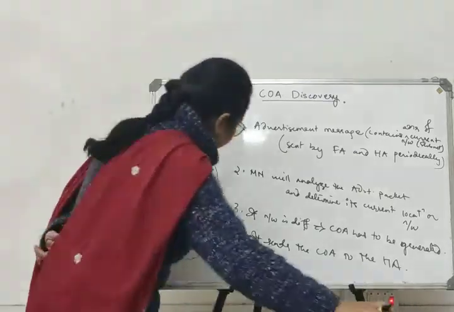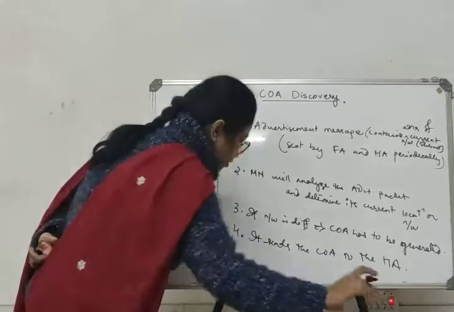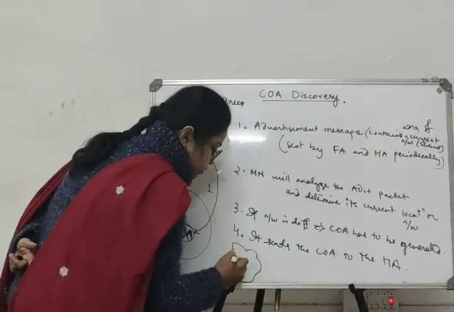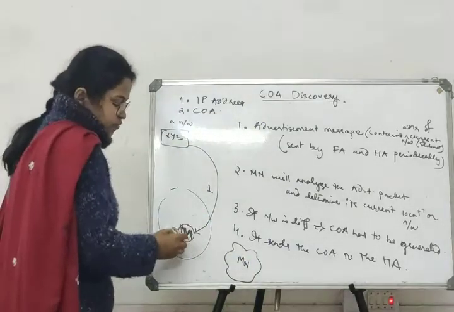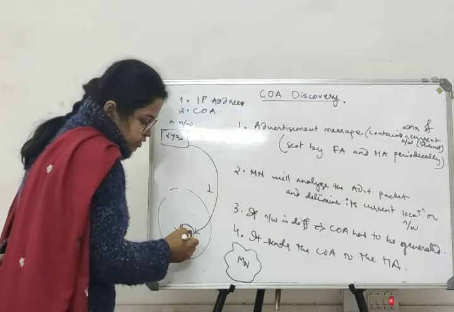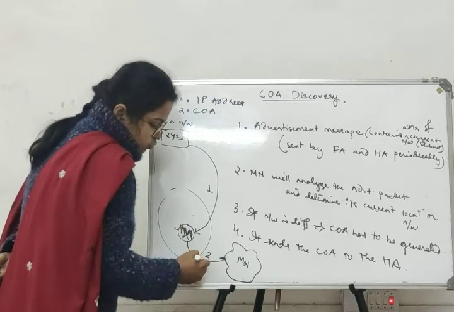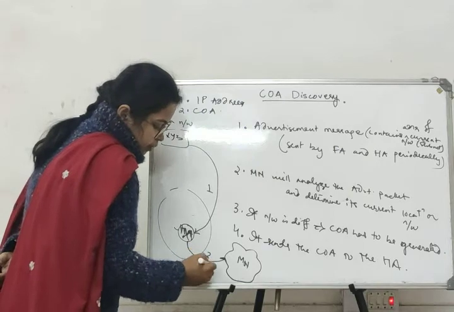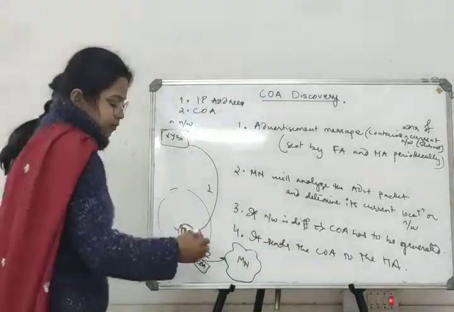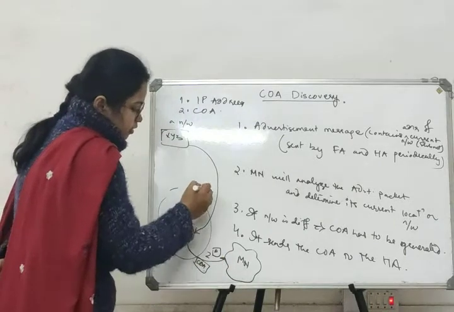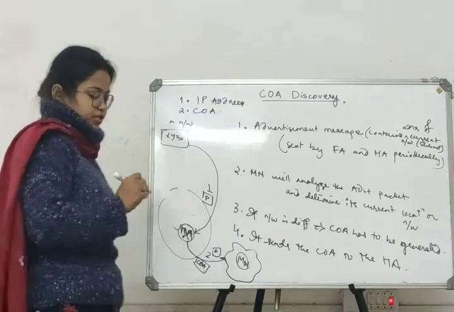Now suppose the MN is not present in the network, it is somewhere else, in a different network. So MN is present here. Now this packet is received by the home agent. Now the home agent sends the packet to a different network through COA. Because it knows the COA, it will send the packet to the different network in which the MN is present.